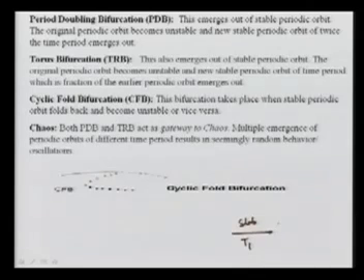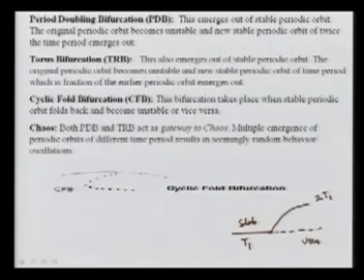Then it becomes unstable, and another one emerges, which is 2T1, twice the period of T1, and that is stable. Then it is called the period doubling bifurcation. So the new stable periodic orbit of twice the time period is emerging. So this is called period doubling here.